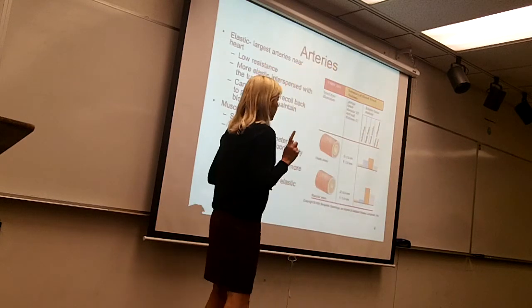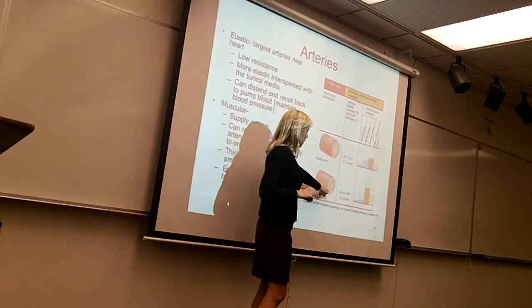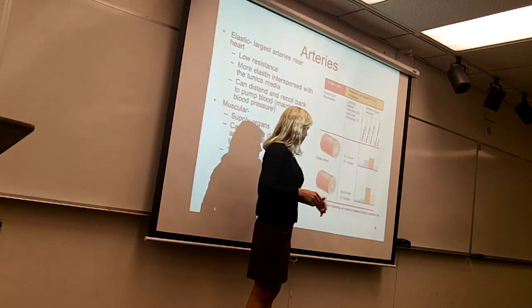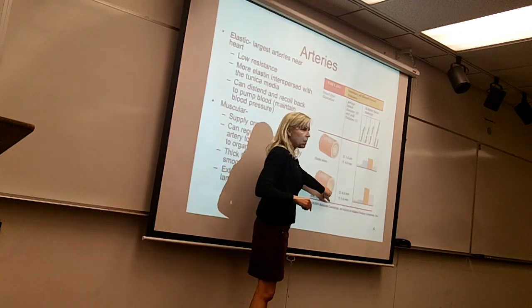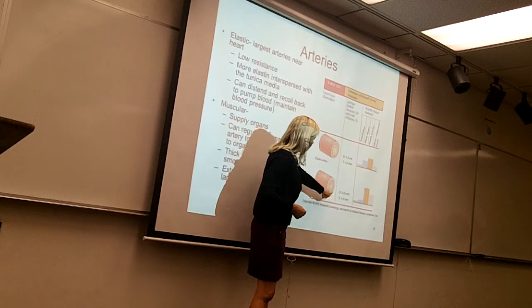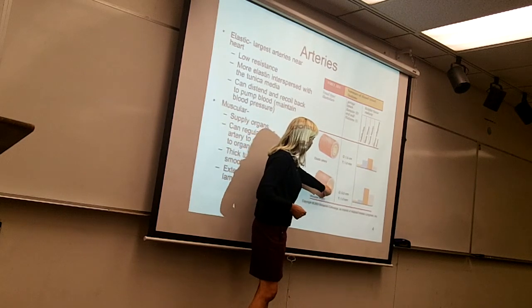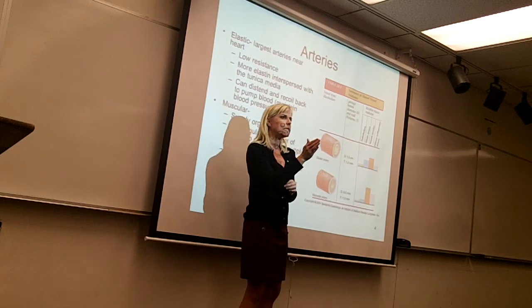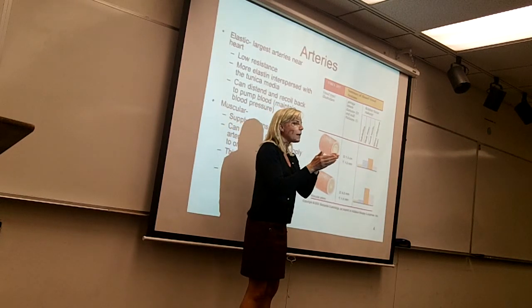But their elastic tissue is arranged differently. Instead of woven with the smooth muscle, we're going to see laminas, or sheets of elastic tissue. There is an elastic layer that is found in between the tunica intima and the tunica media.